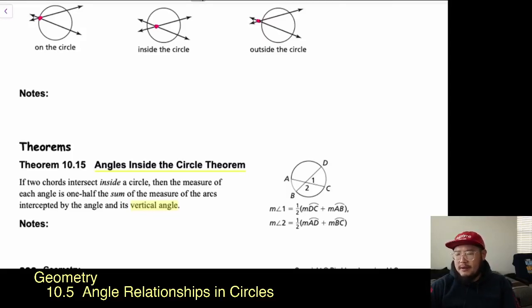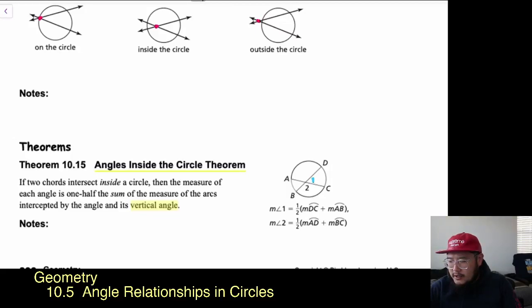So what does all that mean? Right here in the diagram, I look at angle 1. The measure of angle 1 is going to be equal to 1/2 the measures of the arcs intercepted.